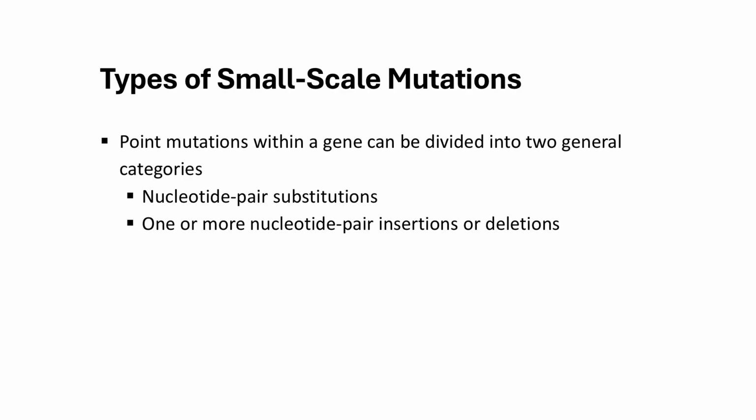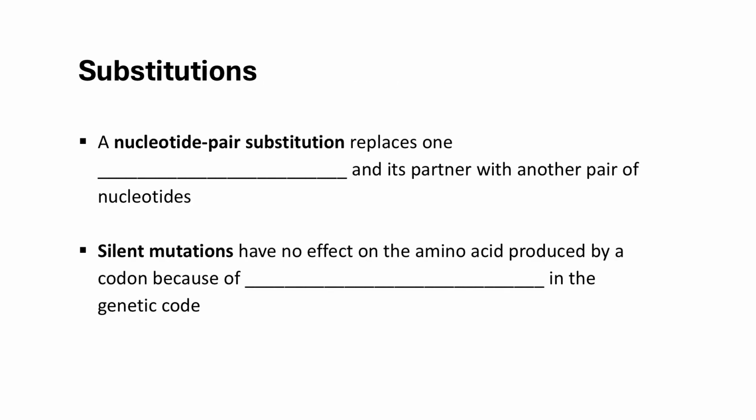Point mutations within a gene can be divided into two general categories: nucleotide pair substitutions, or where there is one or more nucleotide pair insertions or deletions. So we can talk about substitutions first. In a nucleotide pair substitution, this is going to replace one nucleotide and its partner with another pair of nucleotides.